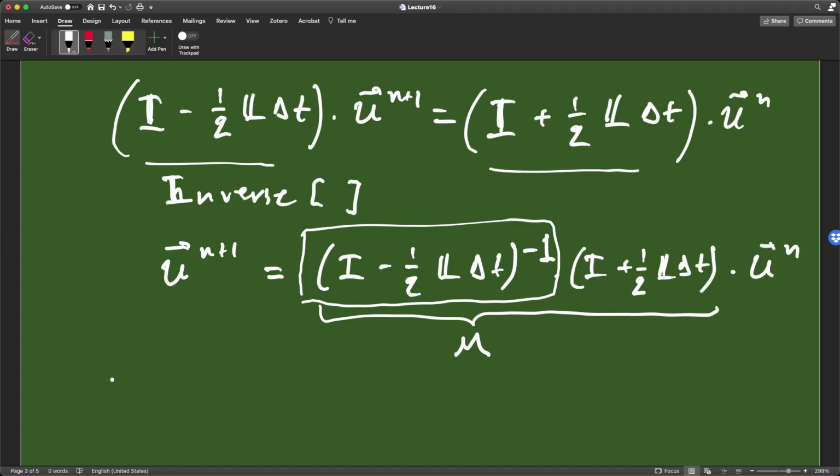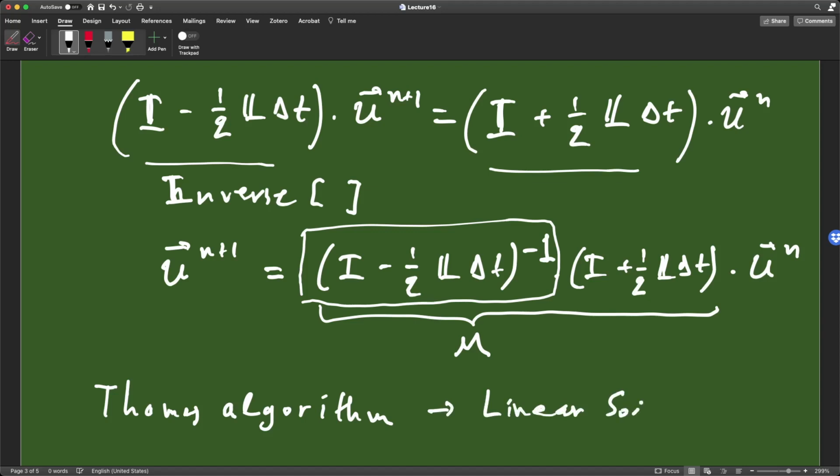So if you use the Thomas algorithm, that inversion can become faster for finite difference methods, and that's automatically implemented by Mathematica if you use the command LinearSolve at each time step to solve this system of equations for the unknowns un plus 1 in terms of all of the other terms that are known.